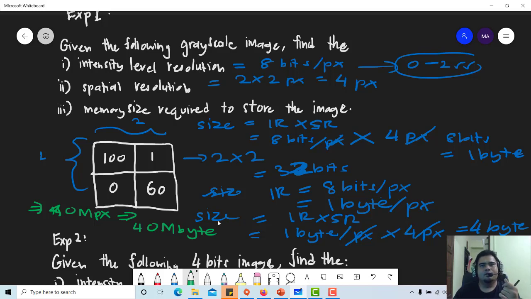Might be 100 kilobytes, or maybe 800 kilobytes, which is less than 1 megabyte. But technically when you calculate, it should not be smaller. The number should be similar to the spatial resolution size. If you capture 40 megapixels, then the size should be 40 megabyte inside your SD card, but that does not happen. So why does this happen?